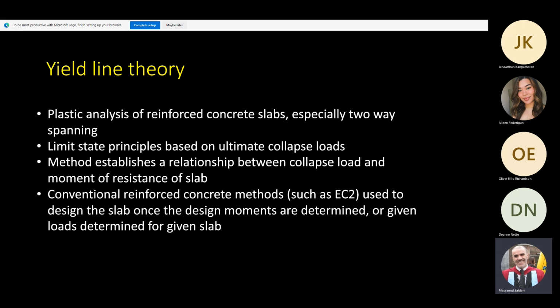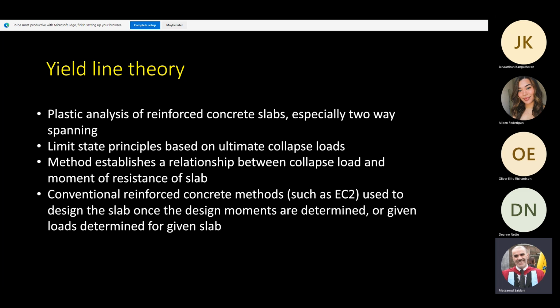And the limit state principles are based on the ultimate collapse load. So we are analyzing at ultimate state. And the yield line analysis establishes a relationship between the ultimate moment, or the moment of resistance, and the applied load.